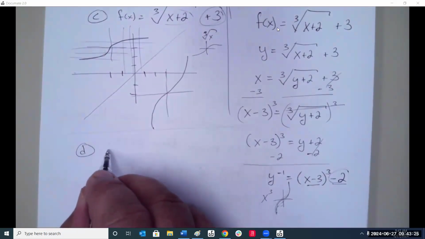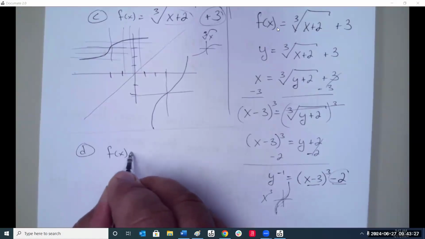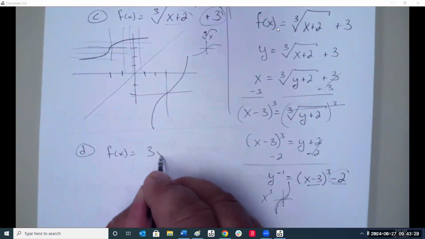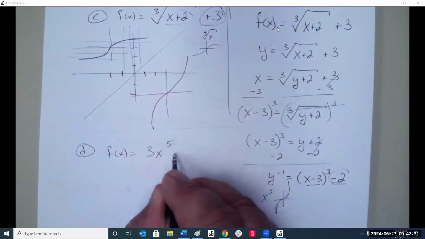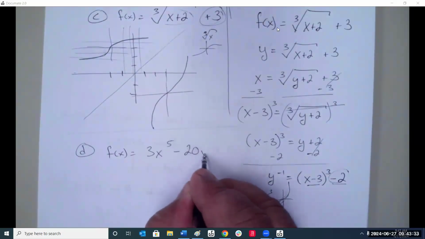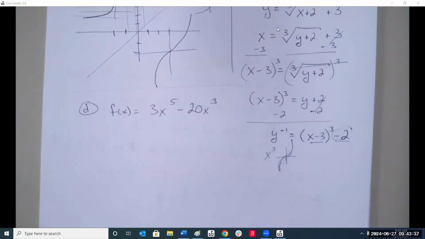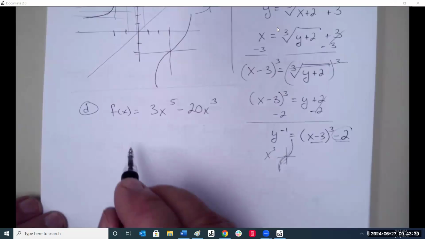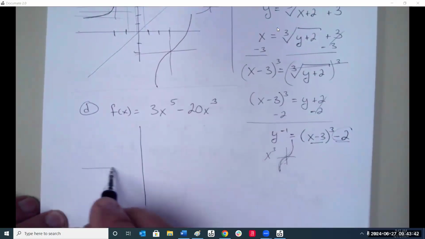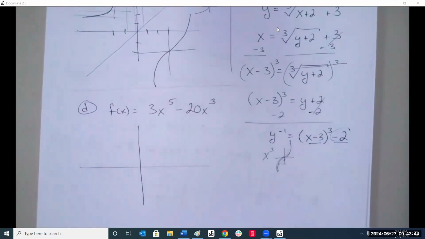And then d, f of x equals 3x to the 5th minus 20x cubed. So what do we know about this graph?